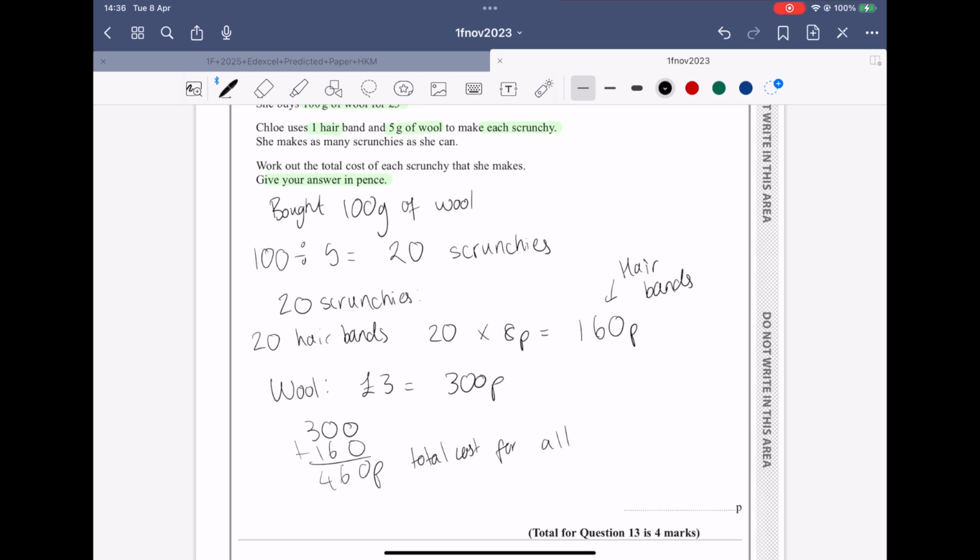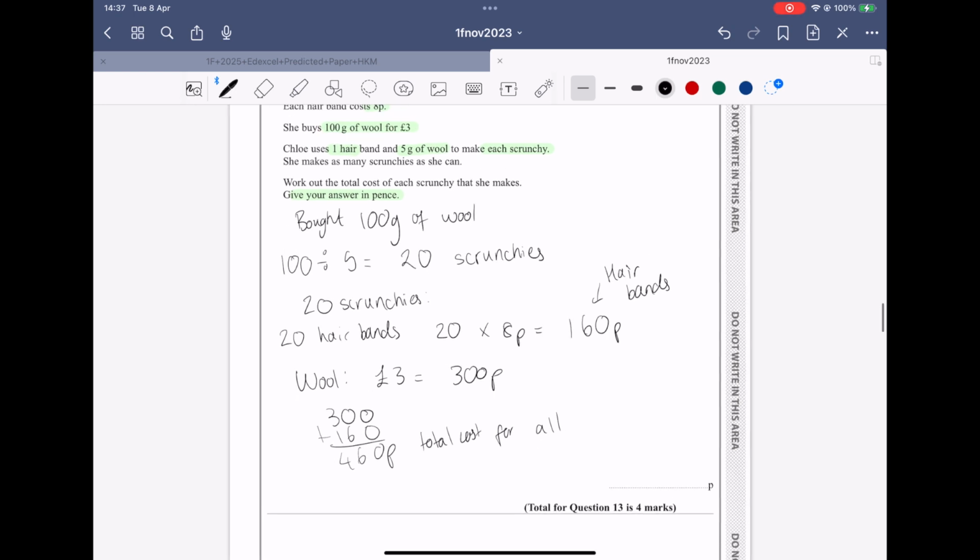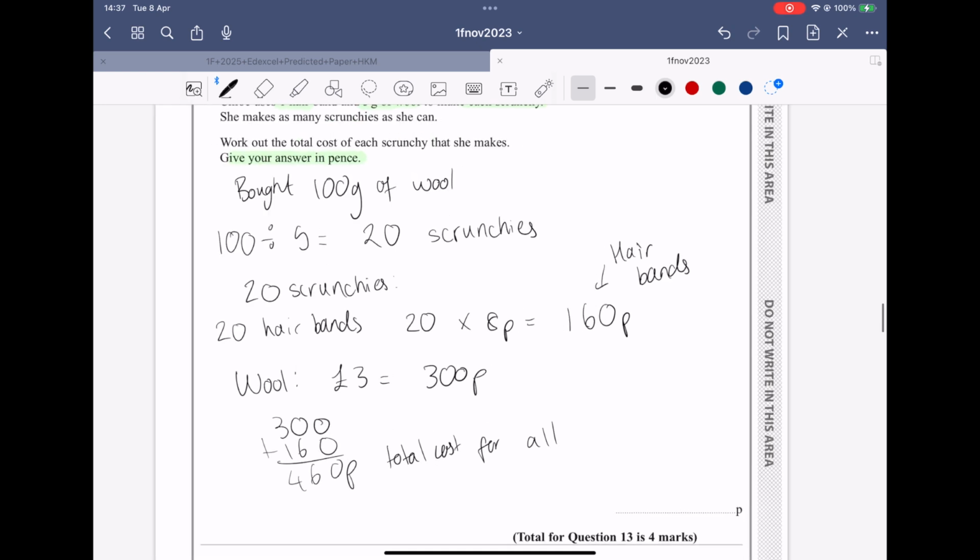Realistically, upon reflection, I probably didn't need to find all 20 hairbands. But I've done it now, so never mind. So for the total cost of each scrunchie she makes, there's 20 of them, so I need to do 460 divided by 20.